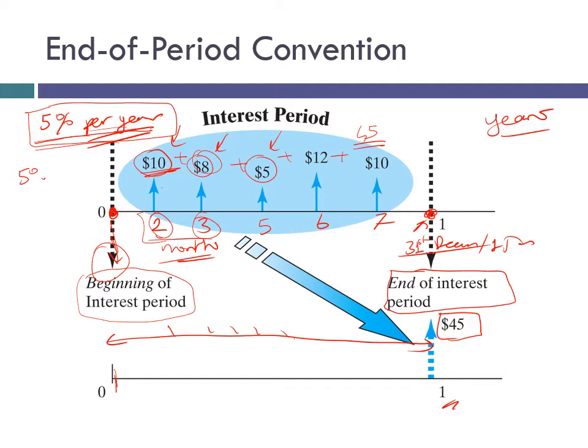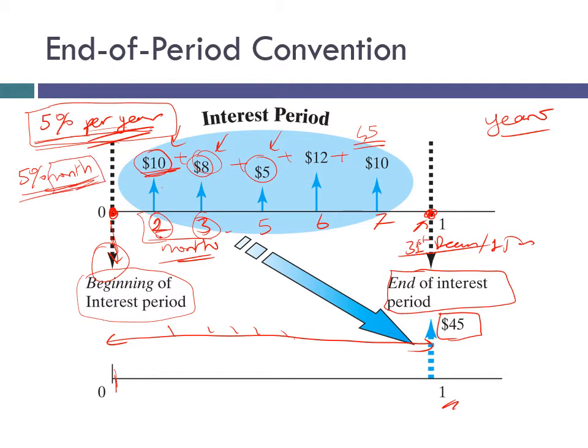If it was per month, and these transactions occur at months 2, 3, and so on, we are not moving them now because we need to represent the time axis in terms of the interest period, which is months.